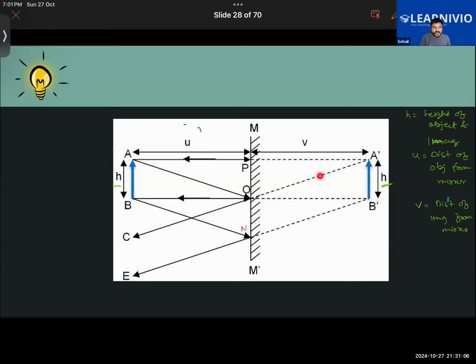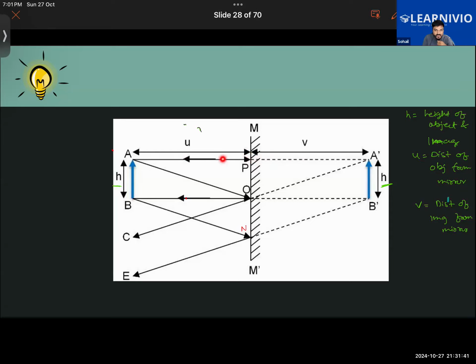Now, on the other side of the diagram, the dotted lines that have been drawn here, we are virtually drawing them. It's not like the ray of light actually passes through the mirror. Does it happen that rays of light pass through the plane mirror? It's an opaque object, not a transparent object. Getting it, guys? Although all the rays were getting reflected from the plane mirror, we have drawn dotted lines.